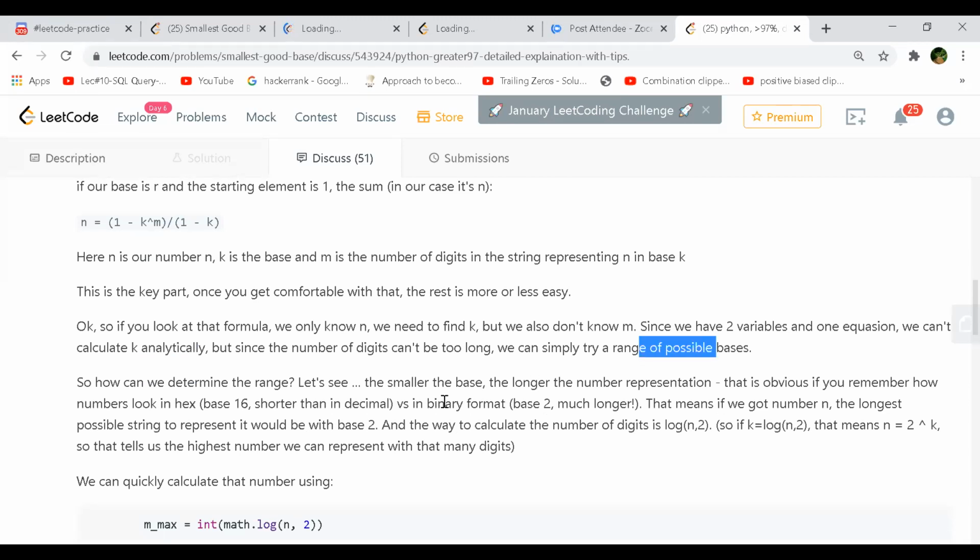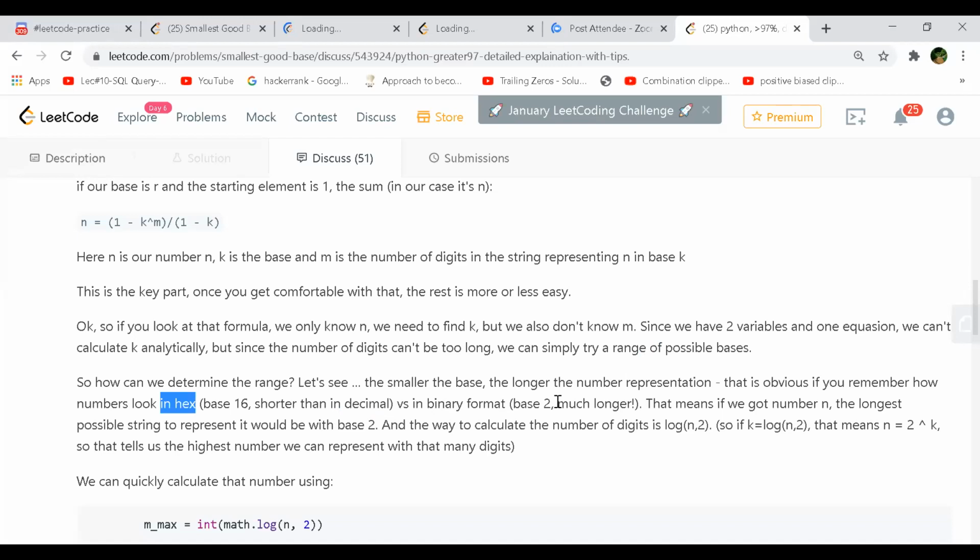The smaller the base, the longer the number representation, right? If we remember how a number looks in hex, which is base 16, it is shorter than in decimal. This makes sense, right? Versus the binary format, the lesser the base, the longer the number.